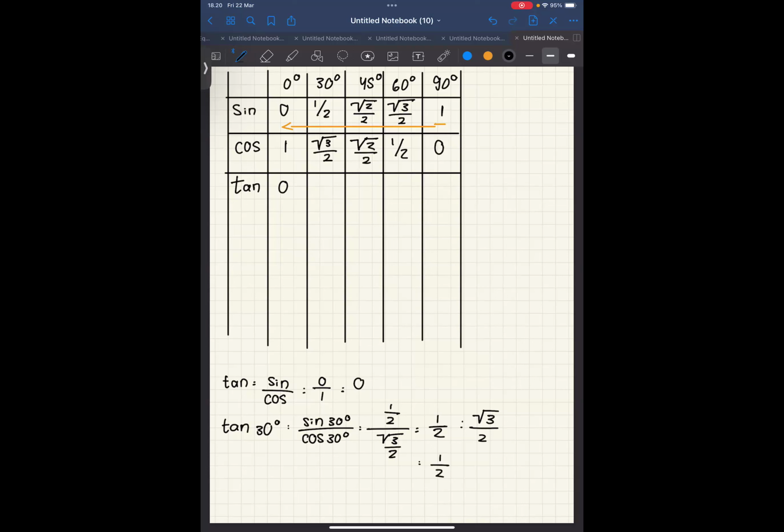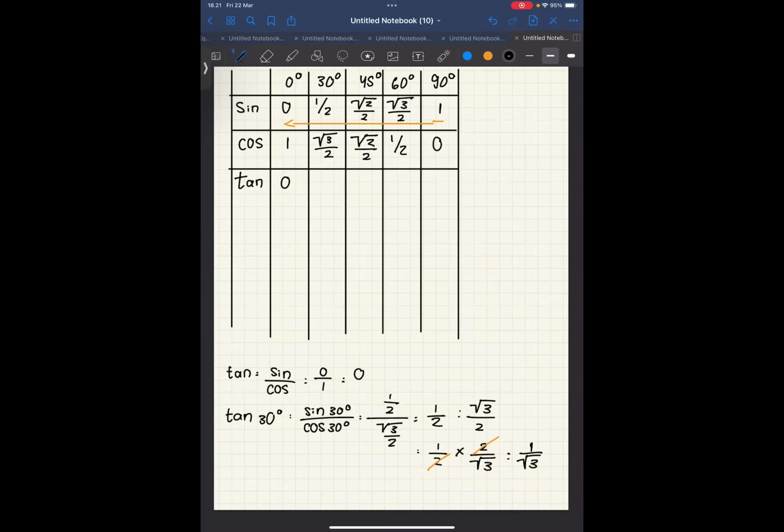You can change the division into multiplication, but we need to flip the one after it. So it's going to be 2 over square root 3. We can just cancel the 2, and it's going to be 1 over square root 3. We cannot keep it like this.